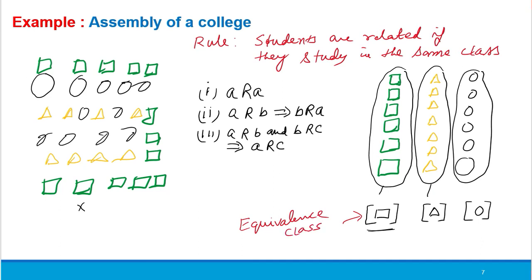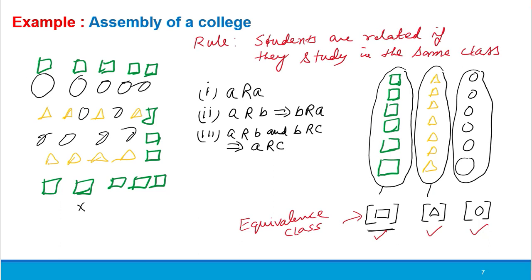And therefore this is one equivalence class, this is another equivalence class, and this is the third equivalence class. So the partition sets which we create due to an equivalence relation are in fact called equivalence classes, and one equivalence class contains all those elements which have the same nature according to the relation which we have defined.